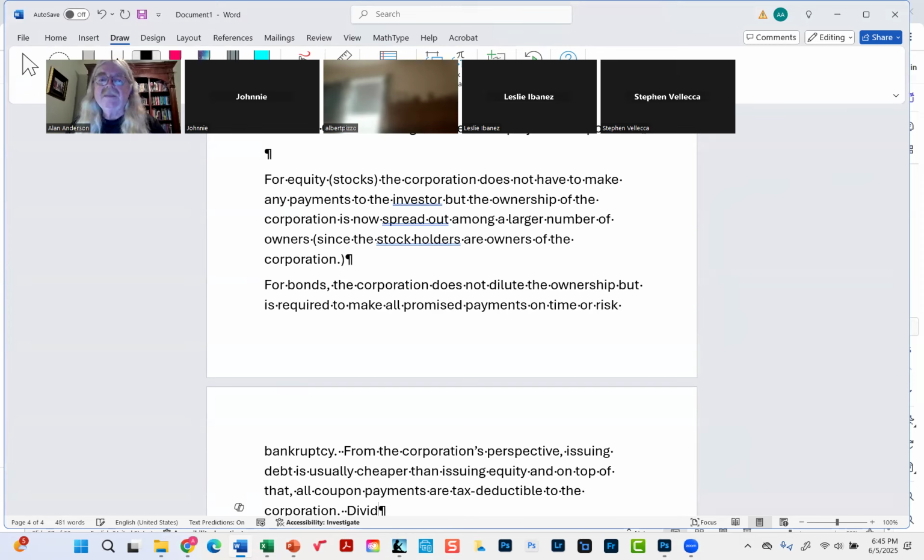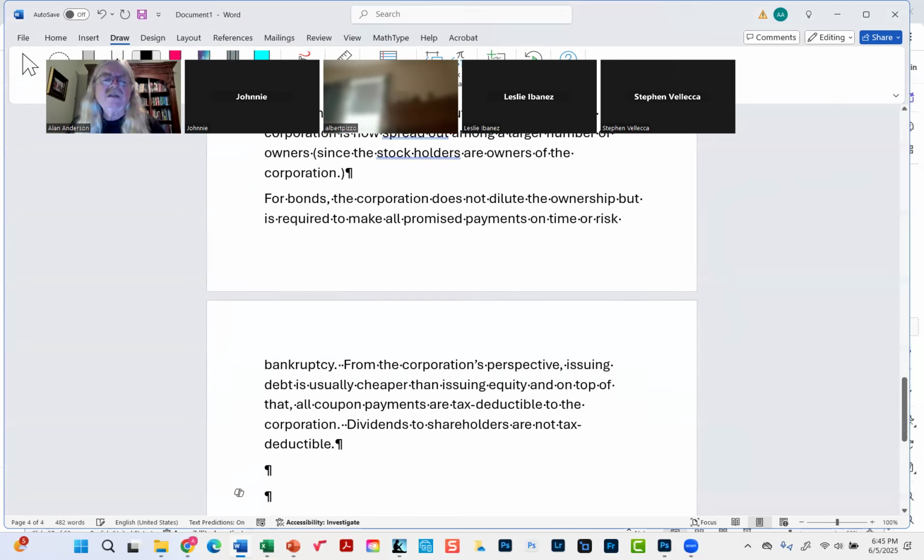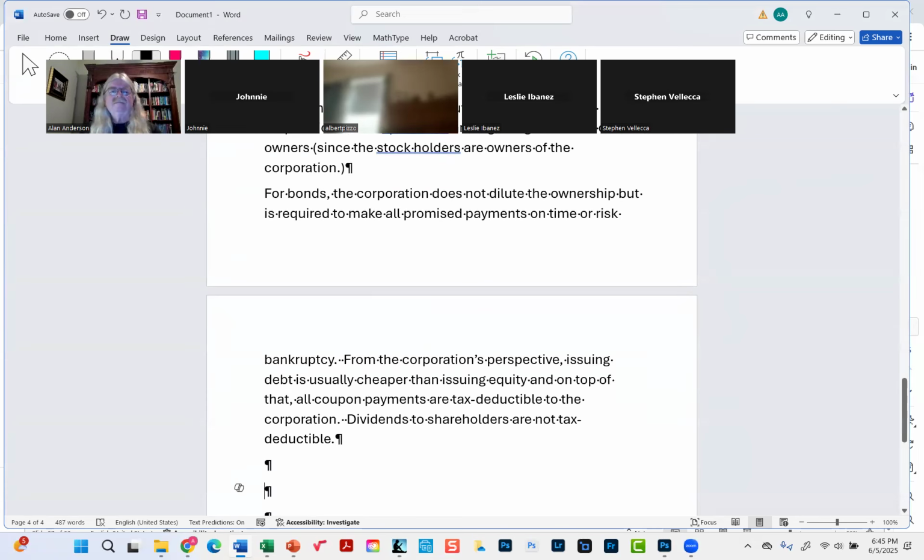Dividend payments to shareholders are not. So there are a lot of good things, and that's one of the reasons why many corporations raise most of their capital, not all of it usually, but most of their capital, from bonds.